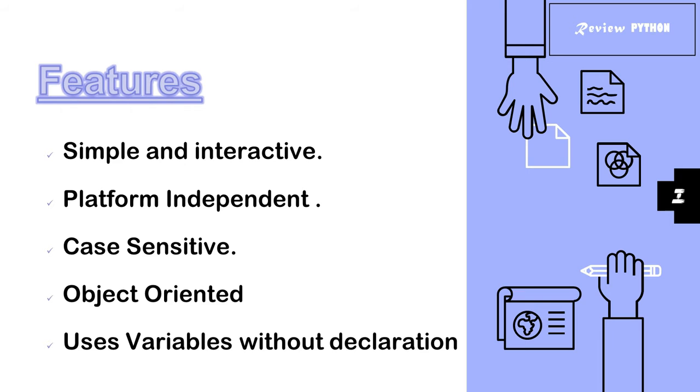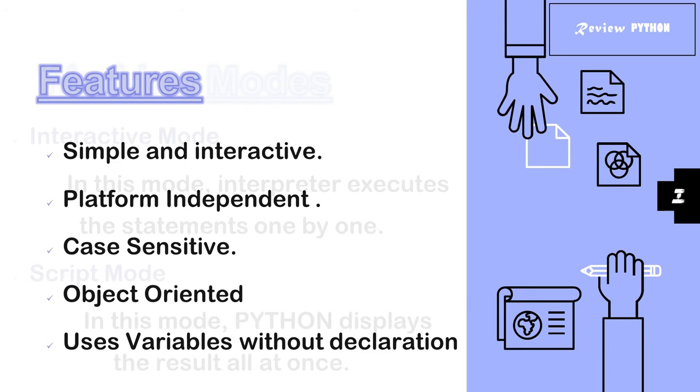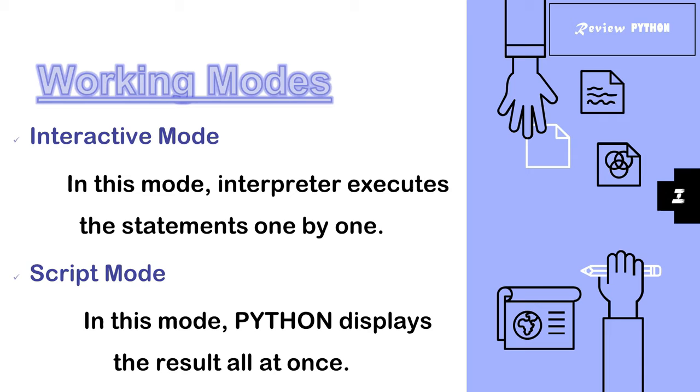So let me just give you an overview of what kind of modes are present in Python. There are basically two modes. First one is interactive mode and the second one is script mode. In the interactive mode, we type the instructions statement by statement. That means it executes the statements one by one.